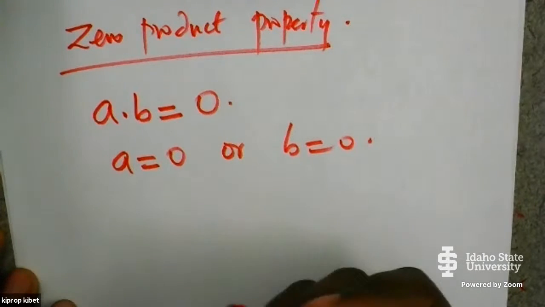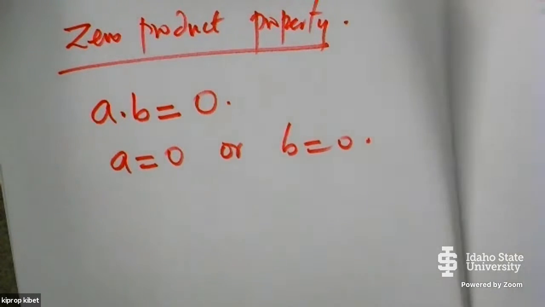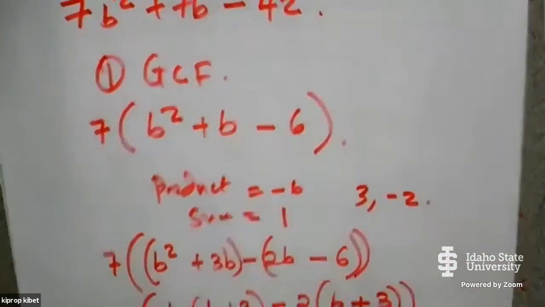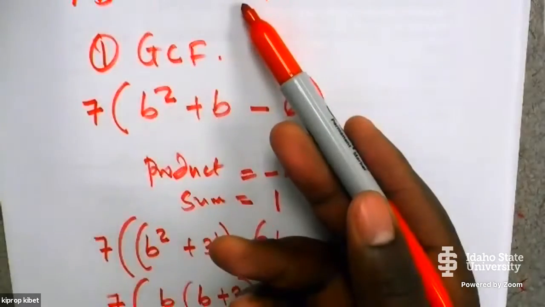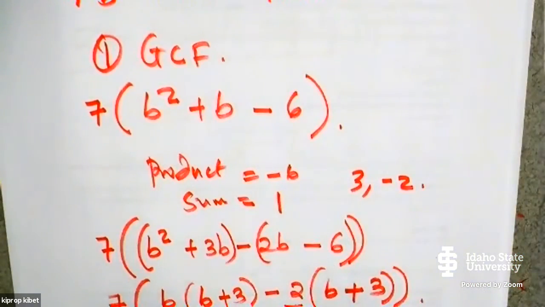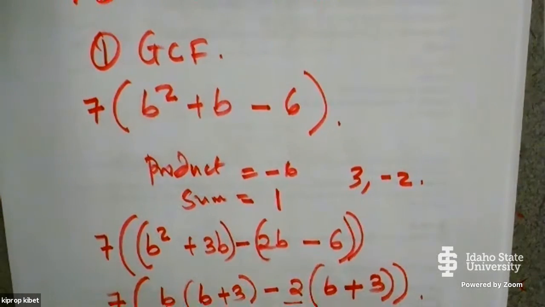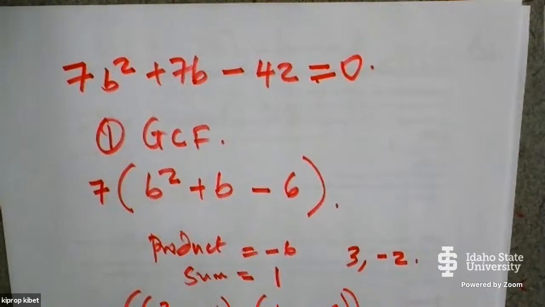Now, like example number 1. So let's say this one was example number 1, right? 7b squared plus 7b, let's say this one was equal to 0. So that is a polynomial equation.